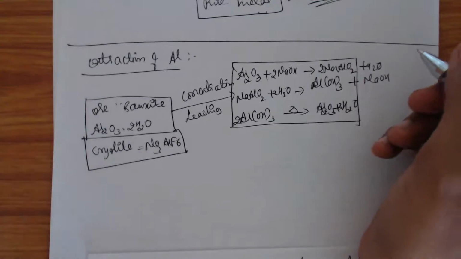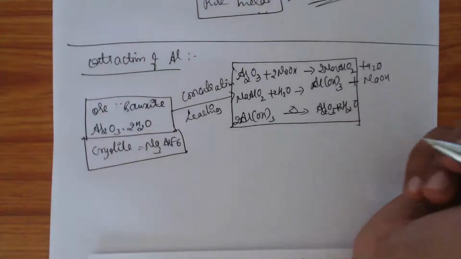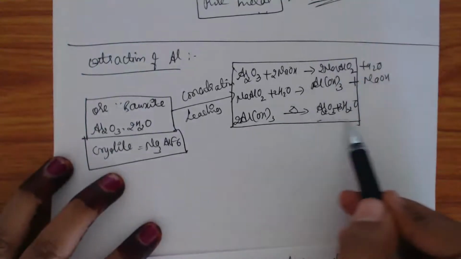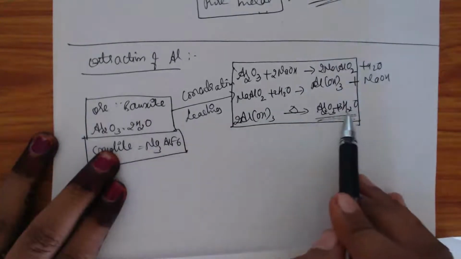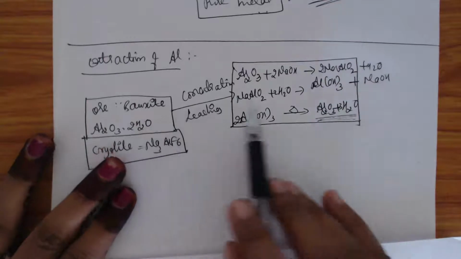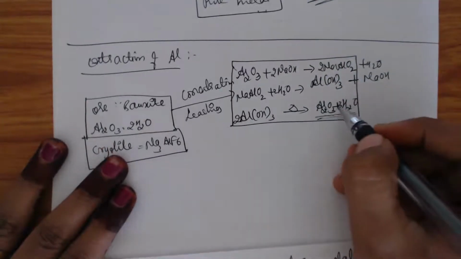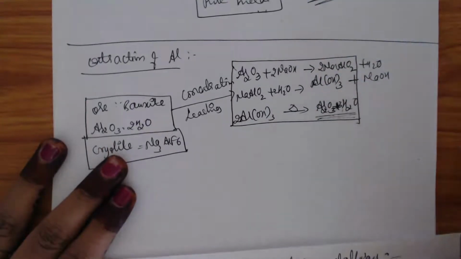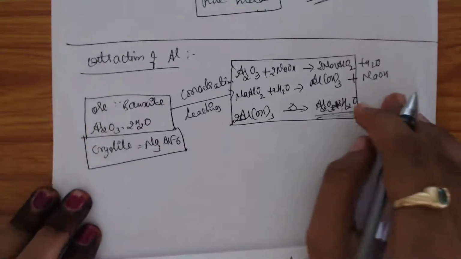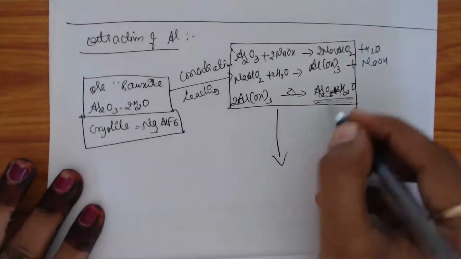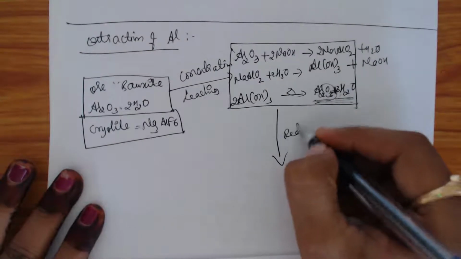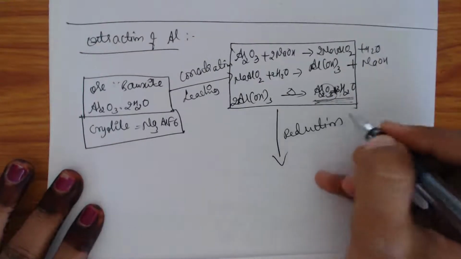Understood, students? So in the leaching, the Al2O3·H2O is separated, and the hydrous becomes anhydrous. This is plus 3H2O. Then it undergoes oxidation as well as reduction.